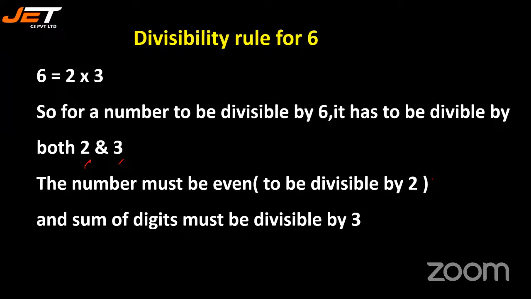No. The criteria should be fulfilled. You have to check 2 and 3 both. If it is divisible by 2 and not by 3, that means it is not divisible by 6 also. If it is divisible by 3 but not by 2, it is not divisible by 6 also. The condition will be fulfilled when it is divisible by both 2 and 3.